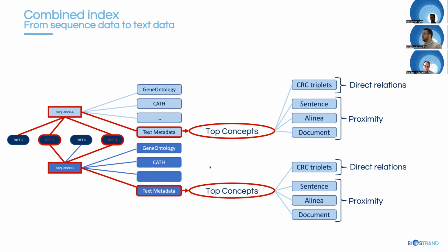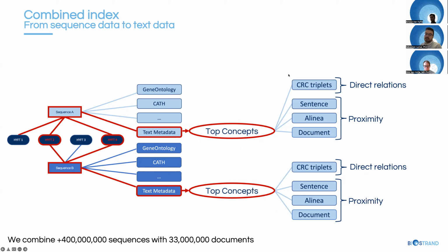This leads to what we call CRC triplets, which are direct relations that we can find in text, but also a sentence, alinea, or full document that contains a matrix of proximities between the concepts that we retrieve in this document. Once we have done that, through the concepts that we retrieve in both the sequence metadata and the scientific literature, we can combine and link more than 400 million sequences with 33 million documents.